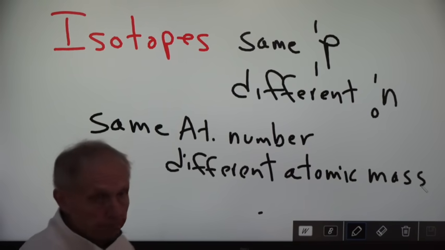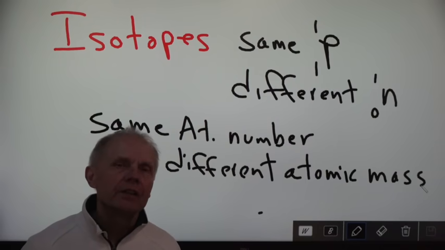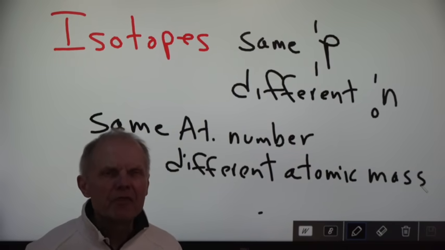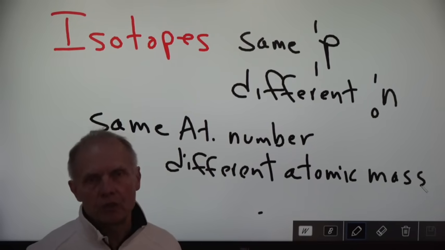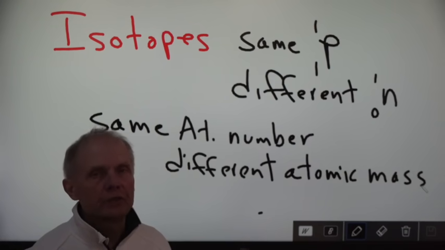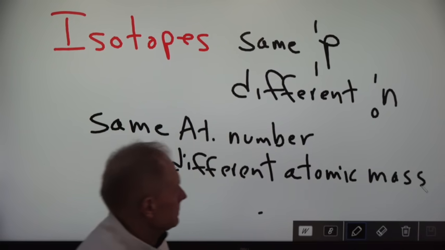Also, remember me telling you that every element has at least 3 isotopes. So let's do the first one. The first element is hydrogen, and let's just do the 3 isotopes of those.